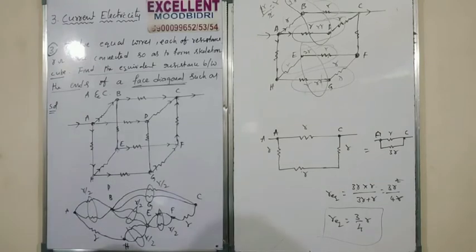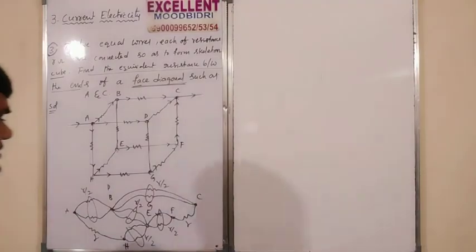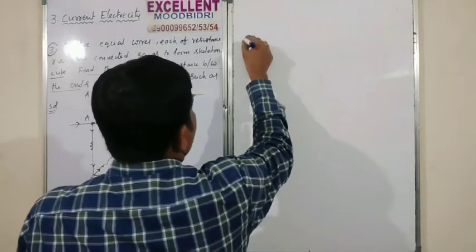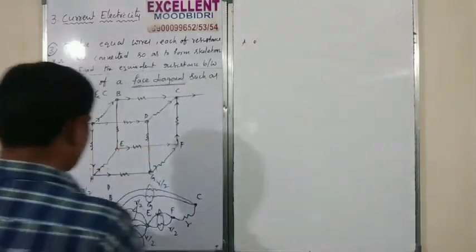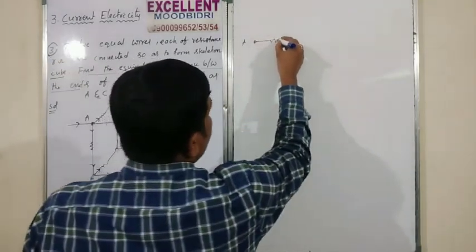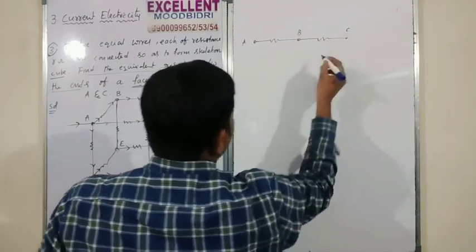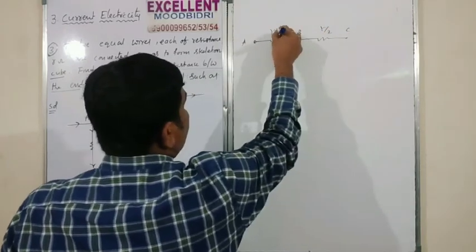So now we can draw the diagram separately. Right. So A to B is R by 2, right? Next B to C, R by 2, R by 2.